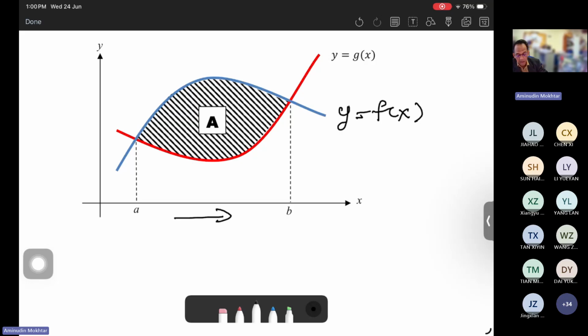First, for this shaded area A, we need to identify the curves.